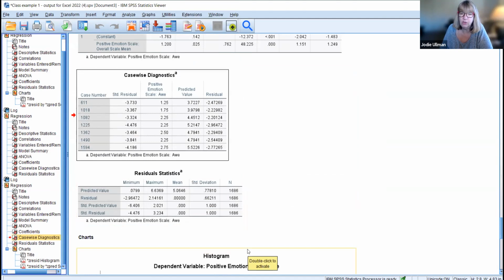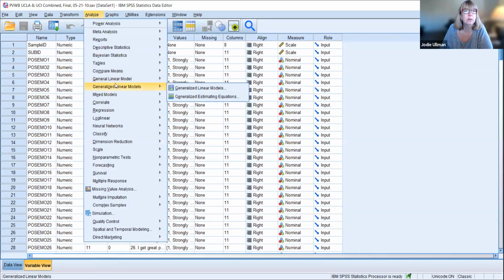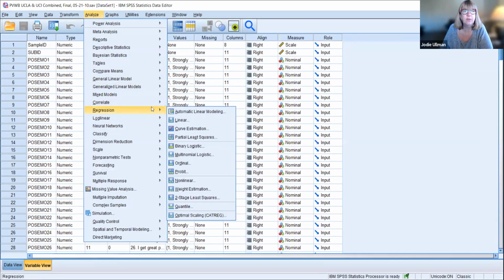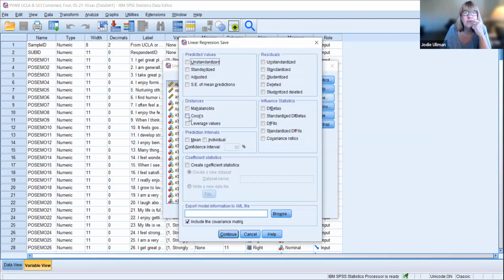Actually, let's do Cook's distance because you've been reading about it. The book talks about Cook's and leverage. We'll talk about those probably on Wednesday. I like Mahalanobis distance as well, so let's just do all of those.